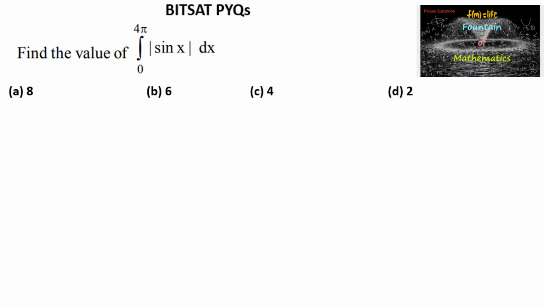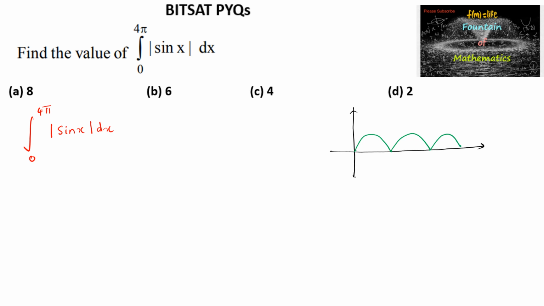Find the value of the integral from 0 to 4 pi of mod of sin x dx. And we know that the mod sin x function is periodic. We can see the graph of mod sin x from 0 to pi, and again from pi to 2 pi, and again 2 pi to 3 pi, and again 3 pi to 4 pi.